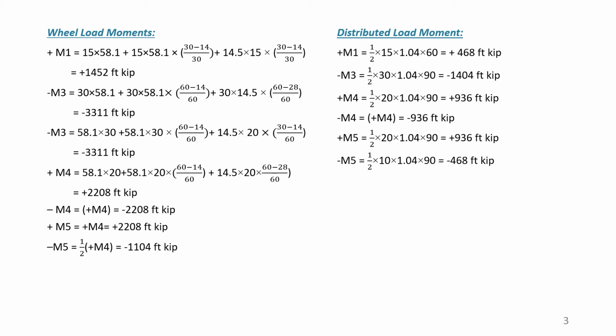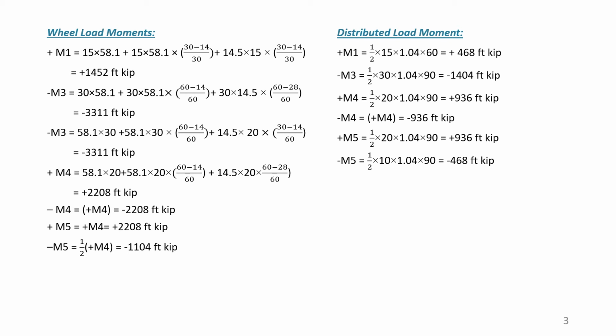For M3, the length is 90 feet and the maximum ordinate is 30. It's a triangular form, so half into 30 and 1.04 is the distributed load and 90 is the total length of the span of this influence line diagram. After doing the arithmetic, we have got 1404.